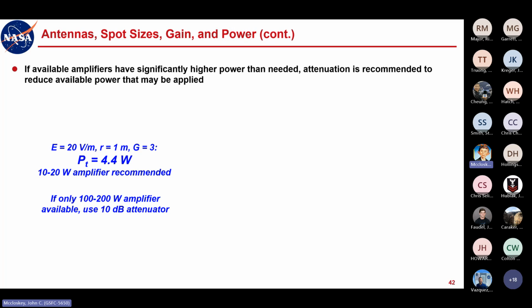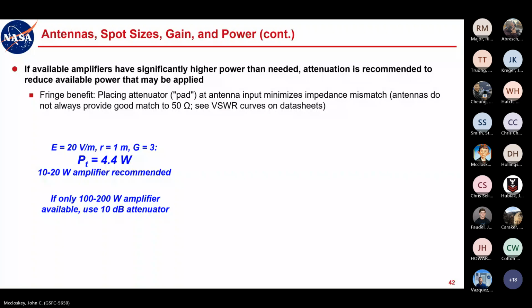So if all you need is 10 watts and you've got a 1,000-watt amplifier sitting there, 100 watts in the damaging. So if you're going to put an attenuator in the system, a fringe benefit is that you can place it at the antenna input as opposed to directly on the output of the amplifier.